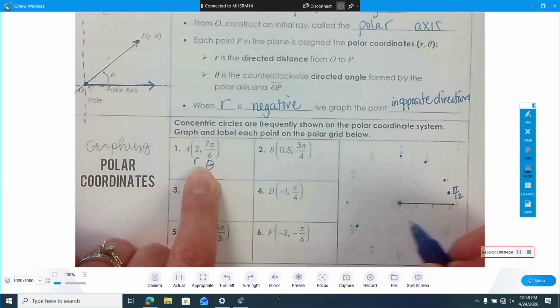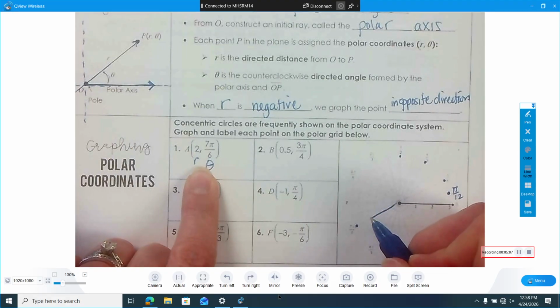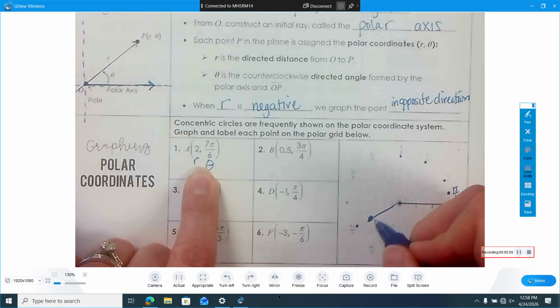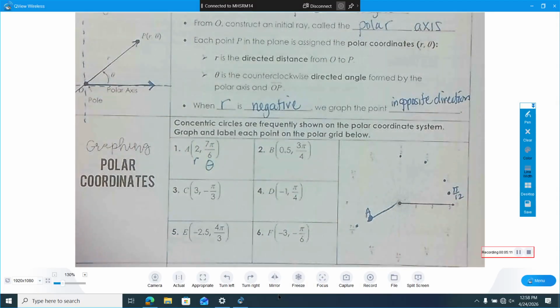I'm going to go out 2 units of length, which you can see the 2 is labeled. So I'm going out 1, 2, right there. That is point A. Does that make sense to you?